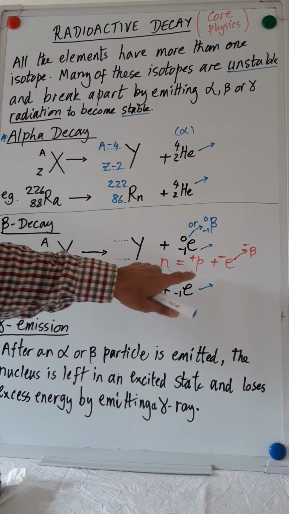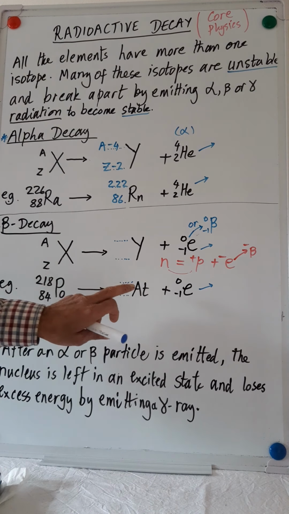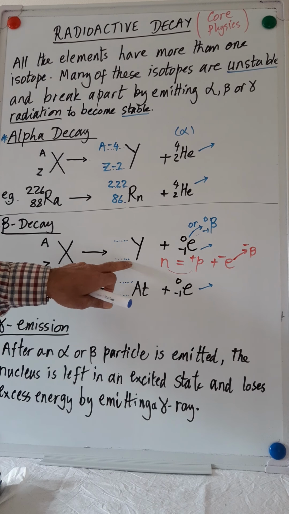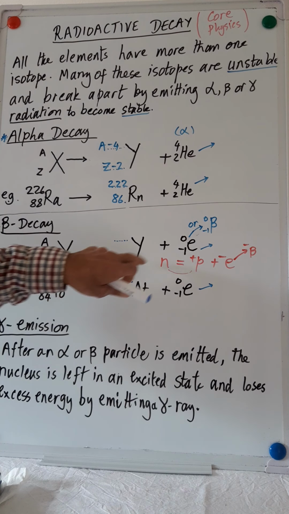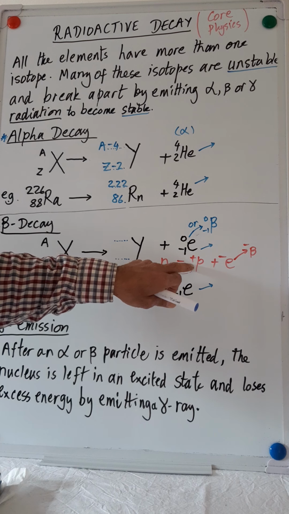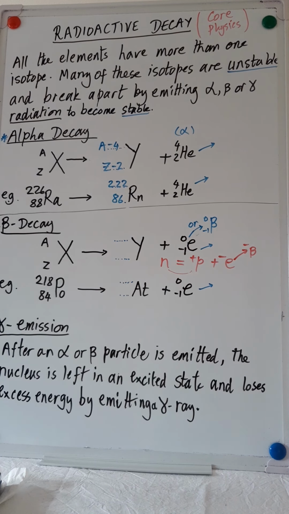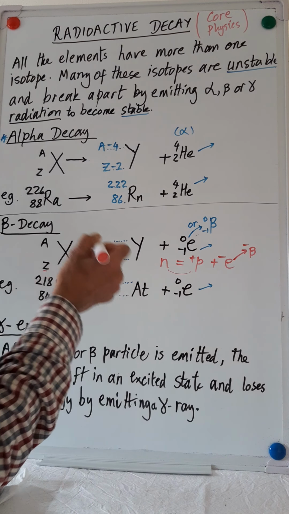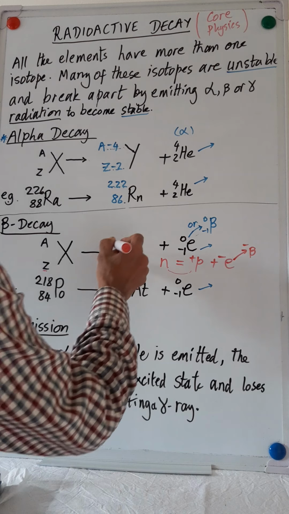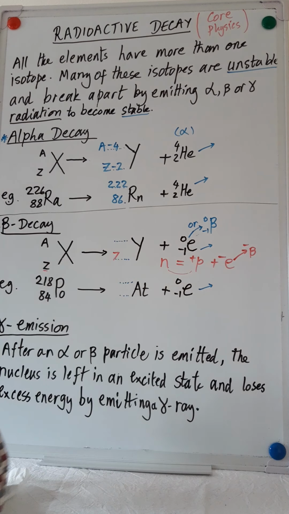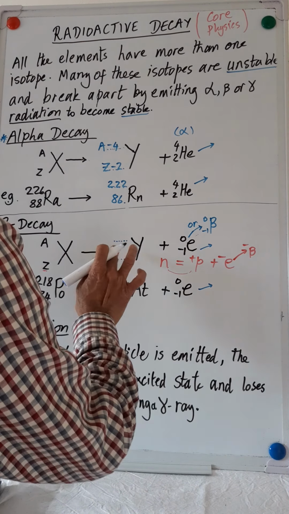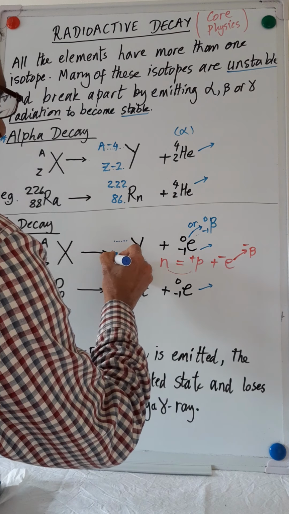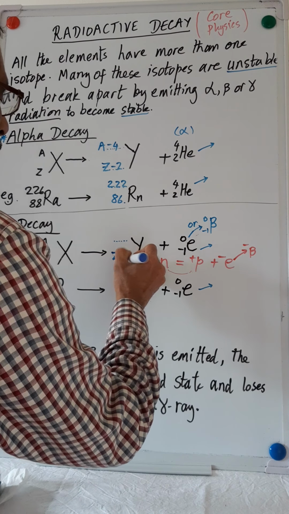Now that means this nucleus will have one proton more. Remember, one of the neutrons has changed to a proton, so its atomic number Z is going to increase by 1. So this will be Z plus 1.